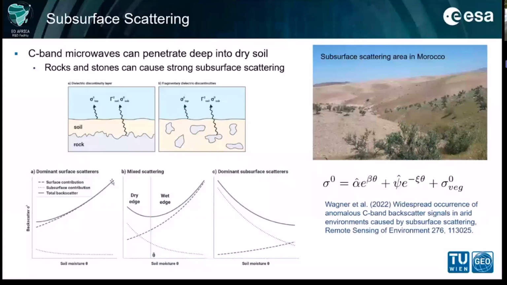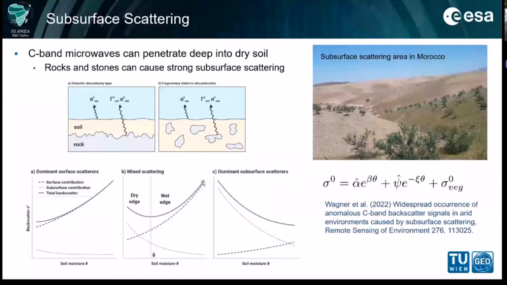Now, most of the world shows dominant surface scattering. A few desert areas show dominant subsurface scatterers. But there are also areas where these two things mix. We call them mixed scattering areas. During dry conditions, you initially have a decrease in backscatter with increasing soil moisture until you reach a certain minimum level, and then it goes up.